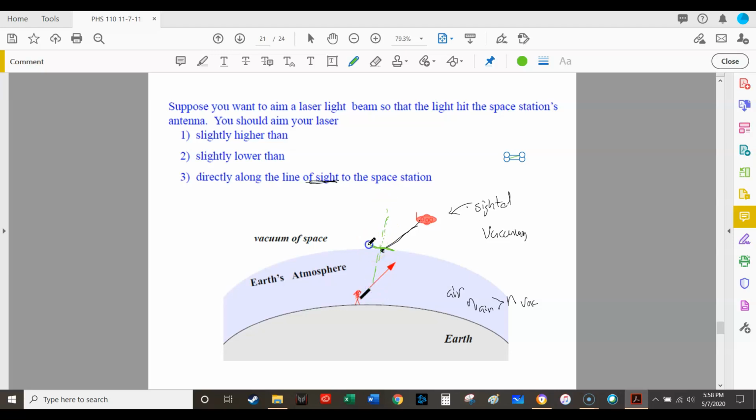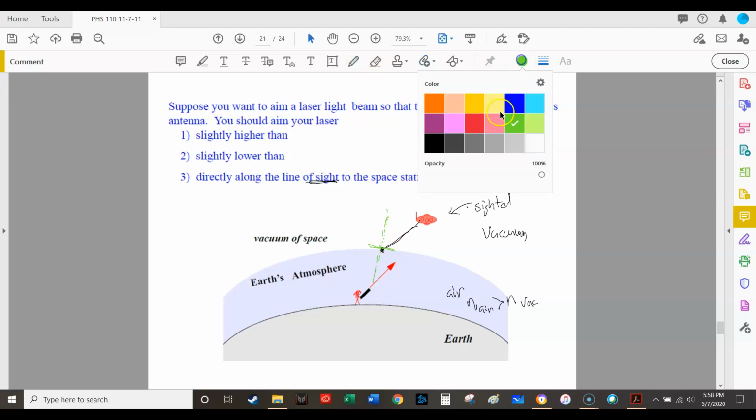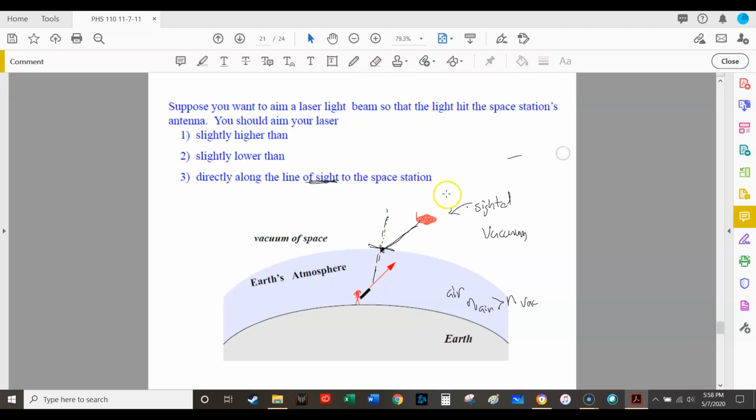I'm thinking this is the interface. So when that light ray comes in from the space station, it should bend towards us. It should bend towards us. So it's leaving the space station, then it's going to be coming in along a straight line into our eyes. Okay.